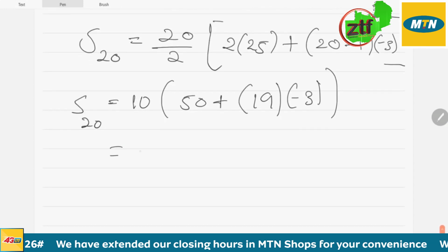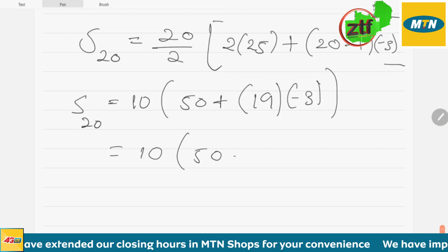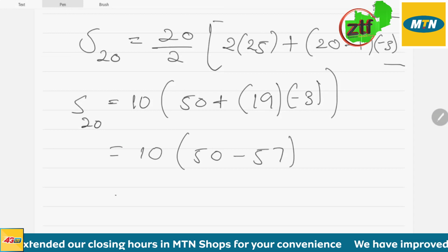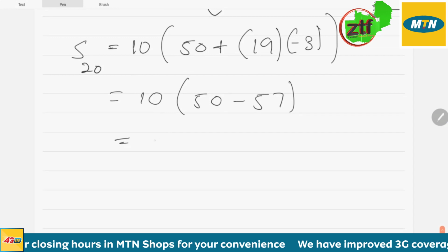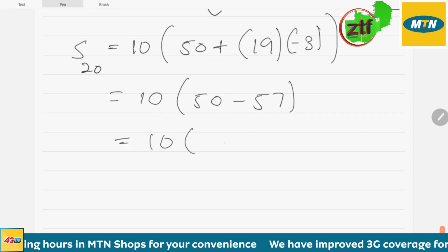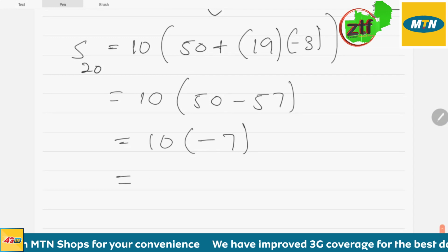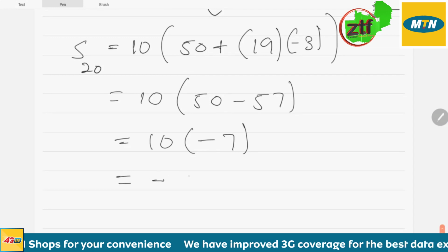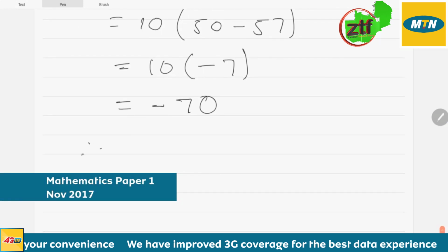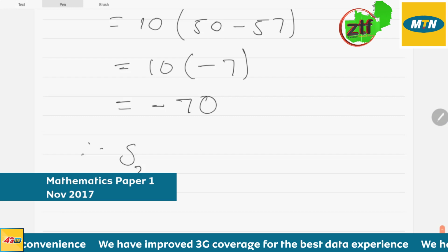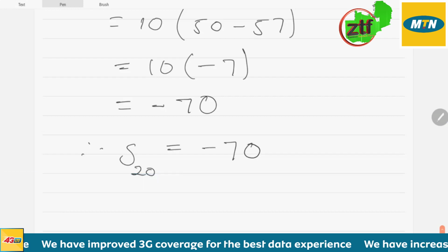So when we simplify this, we'll get 10, then we have 50 minus 57, and that will give us minus 7, and 10 multiplied by negative 7, you get negative 70. Therefore, the sum of the first 20 terms of the sequence is negative 70.